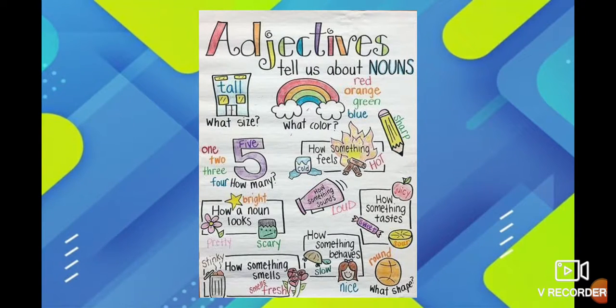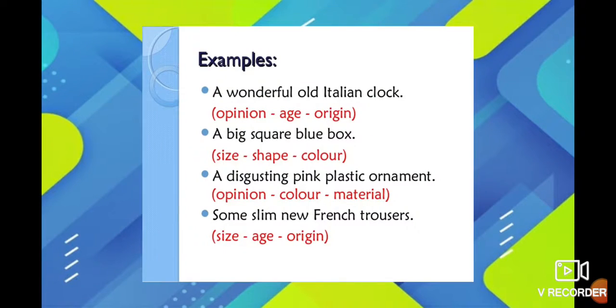How something behaves, that means the behavior of a person or maybe an animal, slow, nice, wonderful, etc. What shape, if this one is sharp or if it is round, all of these. So you can ask this question when you try to describe a person or maybe a thing, or in some cases a place. And we have some examples here.